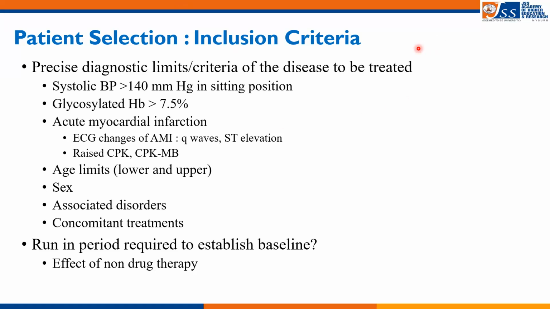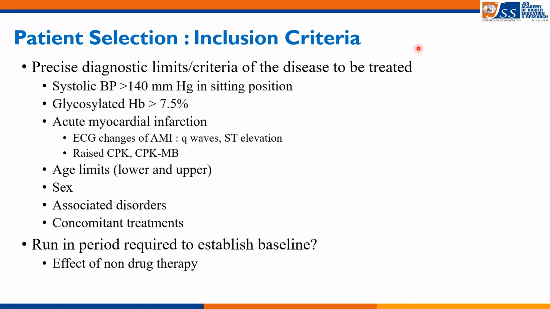That means you need to have precise clarity, or precise data, against which you either include or exclude the patients. For example, you need to have precise diagnostic limits or criteria of the disease to be treated.